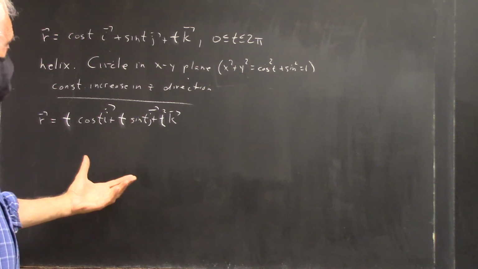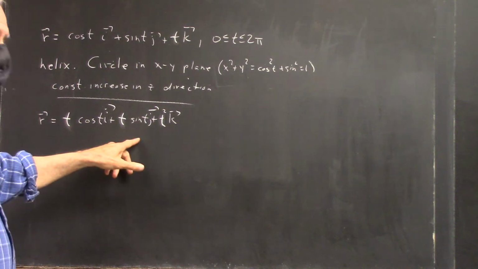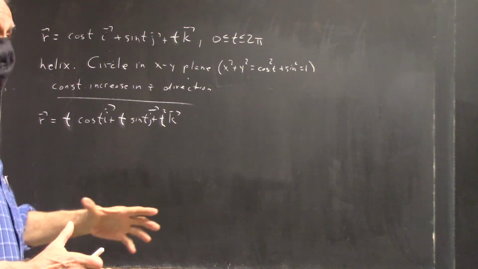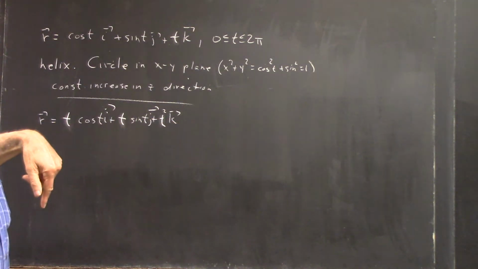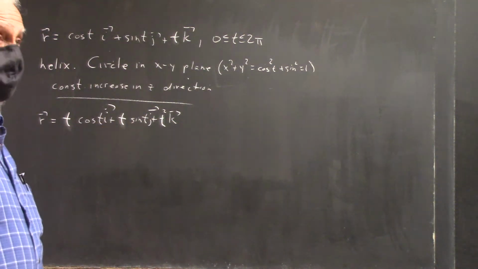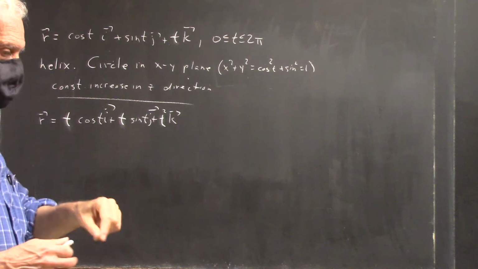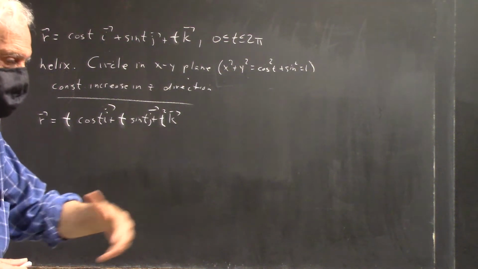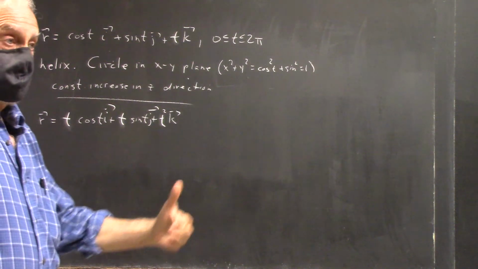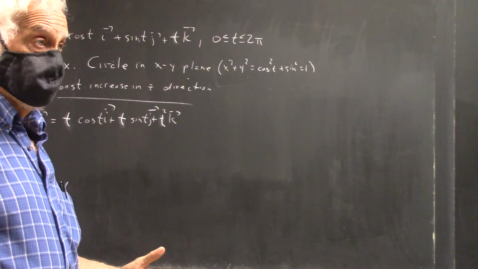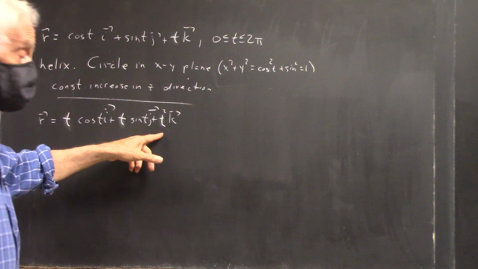What happens as t gets bigger? Well, it's like your circle keeps getting bigger, but then it's not really a circle. That's a spiral. Well, it's an Archimedean spiral, okay? A spiral that moves away from the origin, or away from the center, if you wish, at a constant rate. And then what happens here?